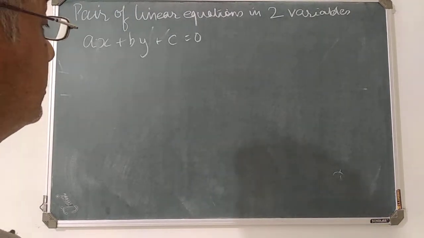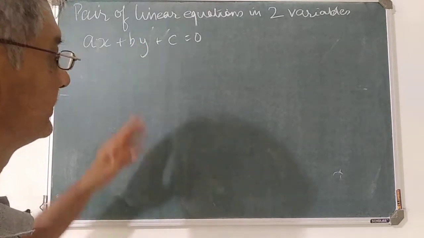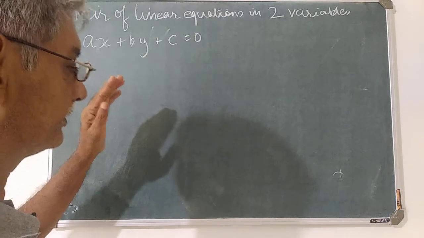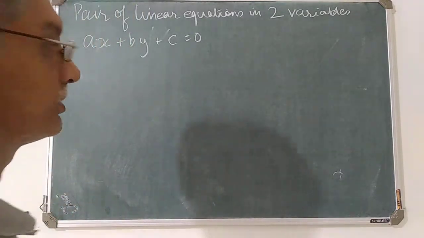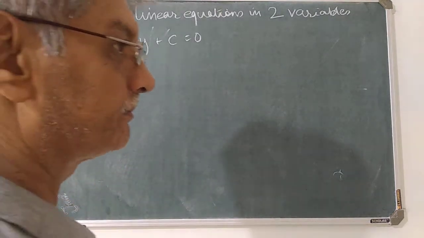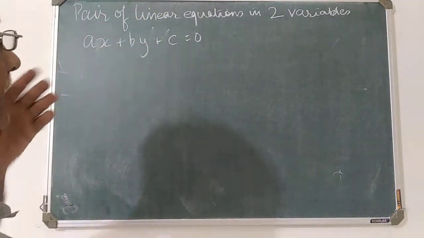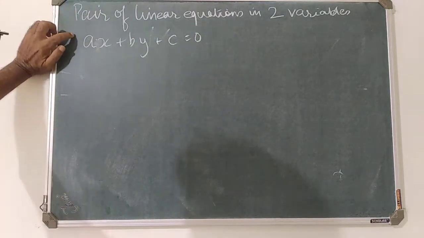We have seen that by drawing these graphs we can come to know whether it has a unique solution, or infinite solutions, or no solution, but for which we have to draw the graph. Now without drawing the graph we can also do it. Let us see.